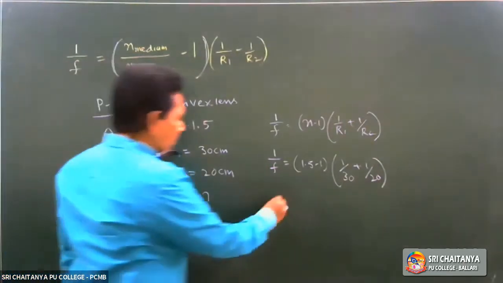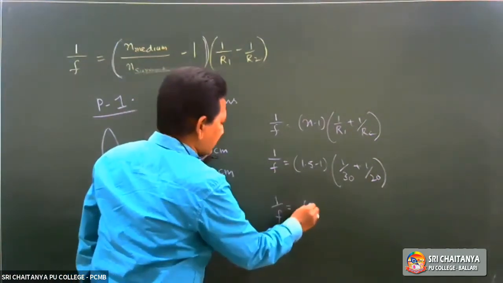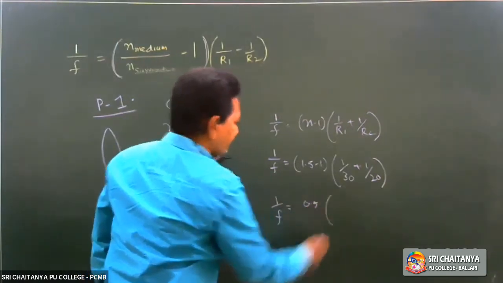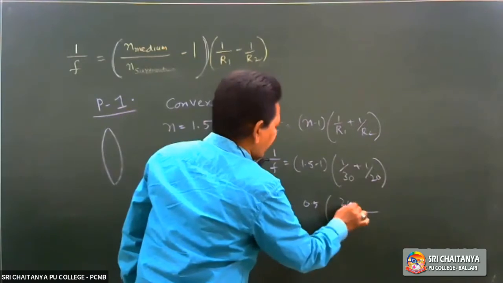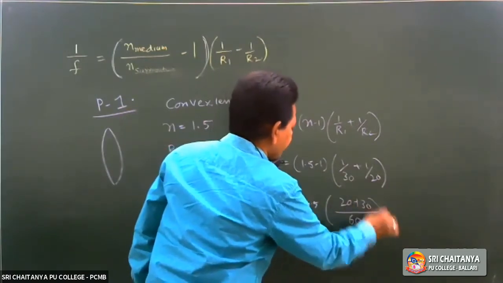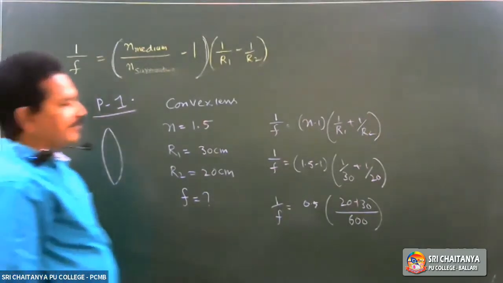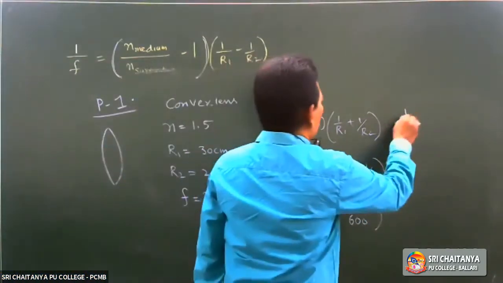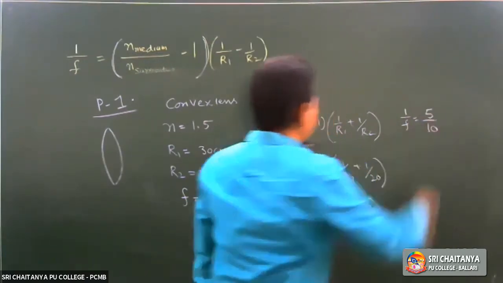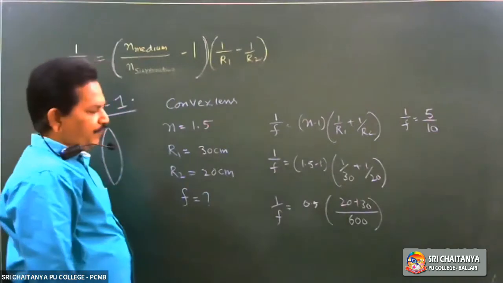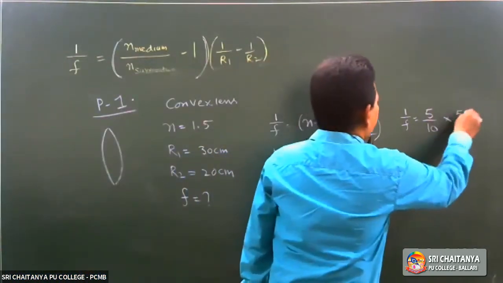1.5 minus 1 is 0.5. LCM is 600, 20 plus 30. So 1 by F is equal to 0.5, which can be written as 5 by 10, into 50 by 600.